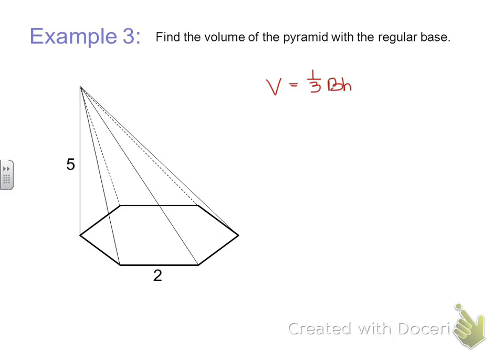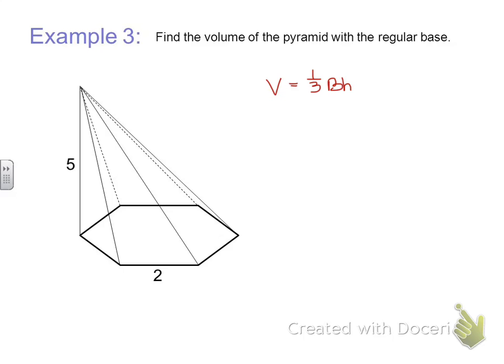Base times height for prisms and cylinders, and 1/3 base times height for pyramids and cones. So if it tapers, take 1/3 of it, right? So when I'm talking about volume, you're either putting base times height or 1/3 base times height immediately. Picking the right one is the first step, right? Once you've got that down on your paper, you should have a pretty good direction to go with.